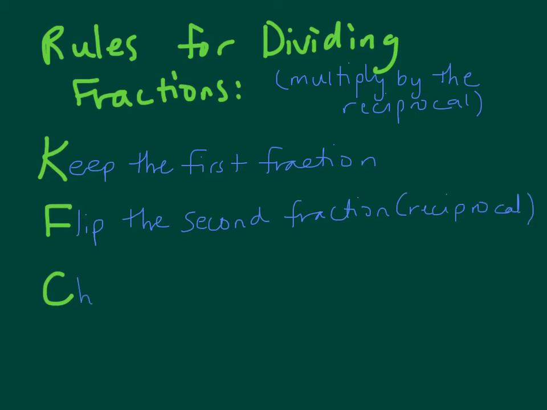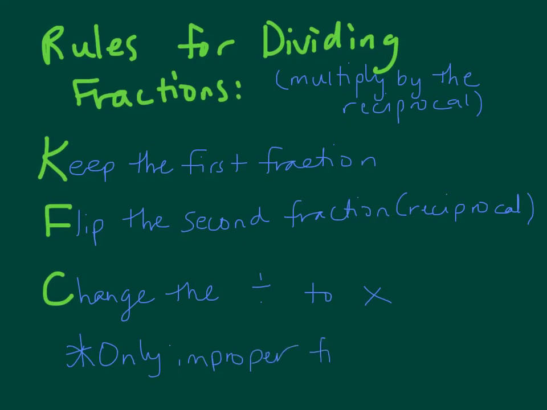And then the last thing we're going to do is change the division sign to a multiplication sign. We want to put a little note here, only improper fractions. If we have any mixed numbers, we must change them first.